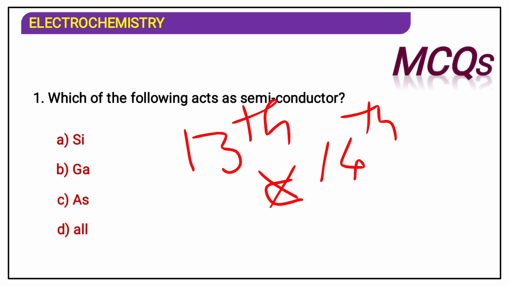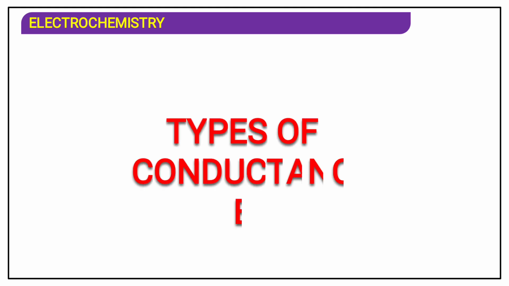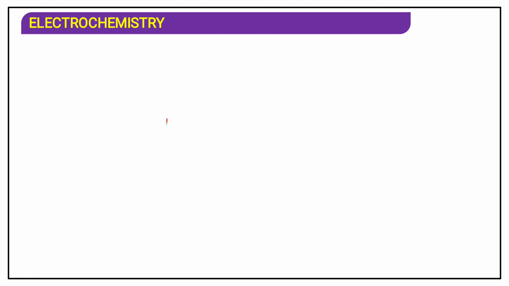Let us leave carbon, as carbon does not belong to semiconductors. Silicon, germanium, tin, lead, gallium, arsenic: these are 13th and 14th group elements. Most of the 13th and 14th group elements belong to semiconductors. So that's why all options are correct. So one more MCQ we get.